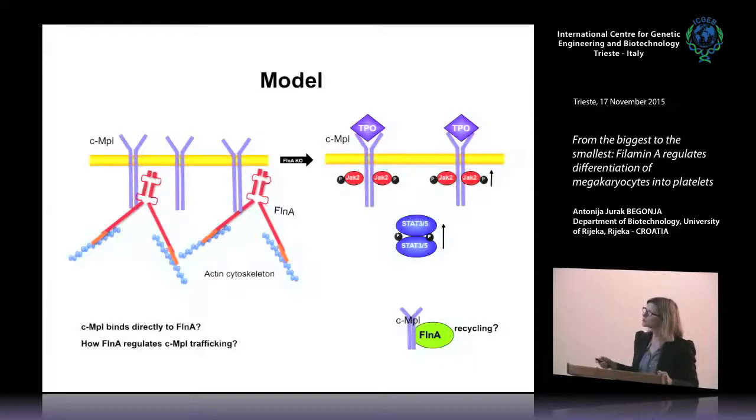But it seems that it's not only a scaffold, or that it is only useful to cross-link receptor with actin cytoskeleton. We think that it maybe plays a role in trafficking, that in some way it keeps it away from degradation, or keeps it away from lysosomes or proteasomes, and that is maybe important for recycling, and this is what we are trying to understand.